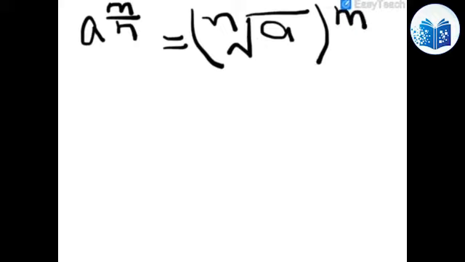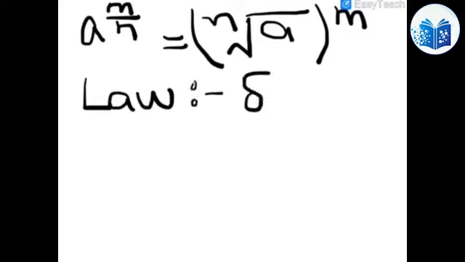Okay, this is your law number 8. It's a law of integers. Again, you may call it rational indices too. So these are basically the last 4 rules or signs or definitions or laws of indices.